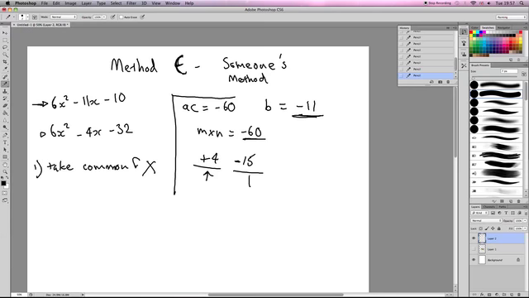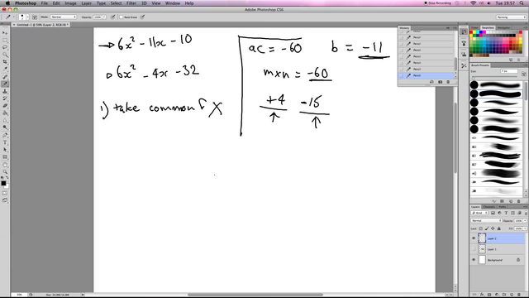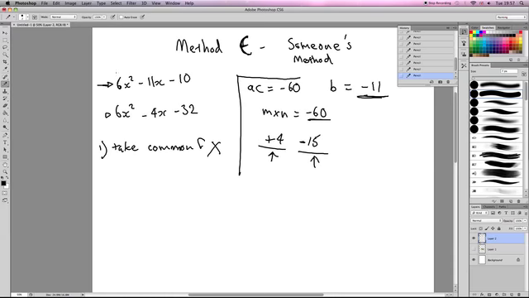It's 4 and minus 15. From there, if this was a GCSE question and it just said x squared there, what you would have done was basically had the two brackets and you would have written x plus 4 and x minus 15.